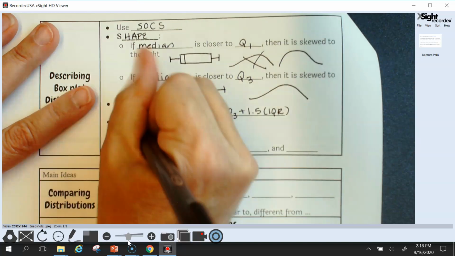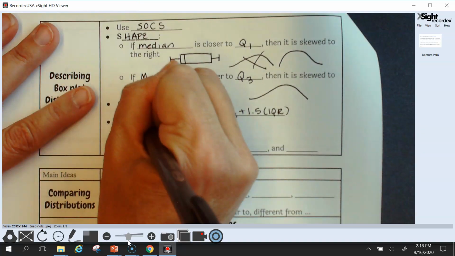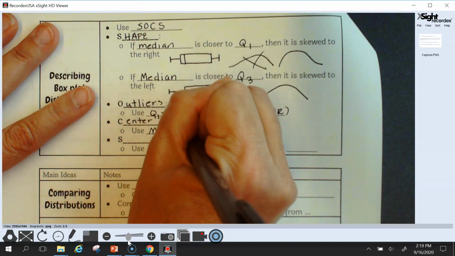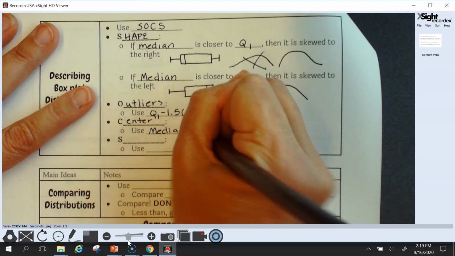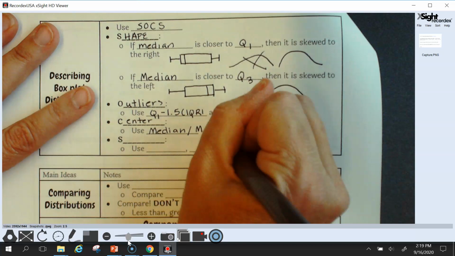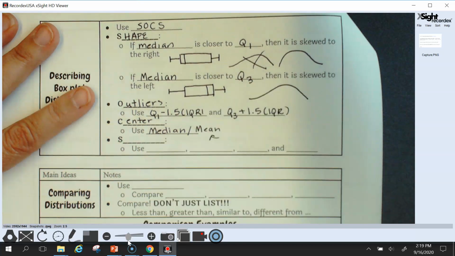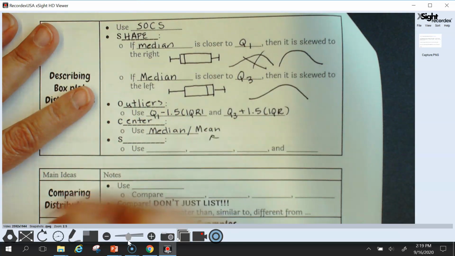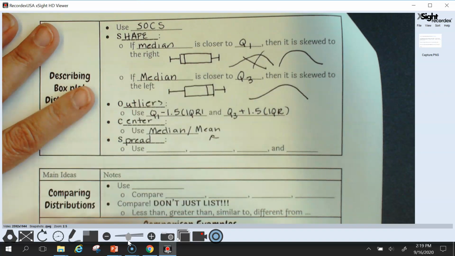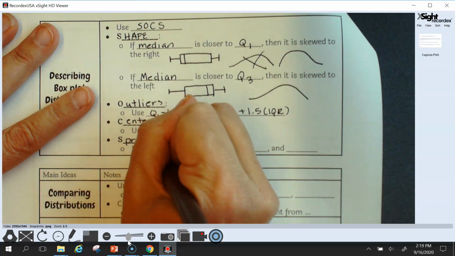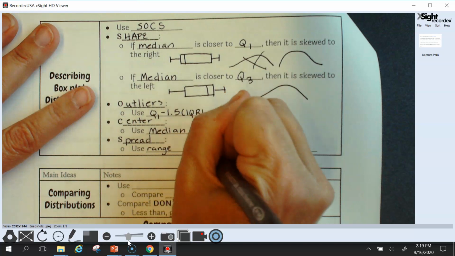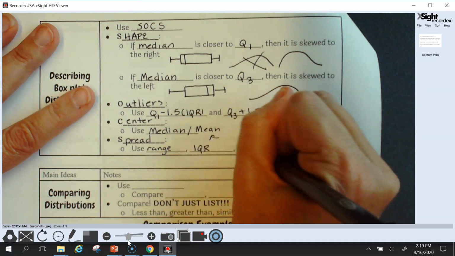For your center, you're going to use your median slash mean, but since your box plot shows it, definitely probably go with your median in most cases. And then for your spread, you have lots of choices, but your IQR is really nice. You've got your min, you've got your max.